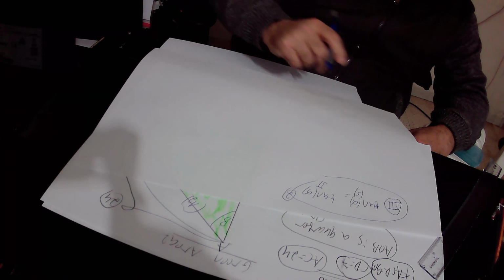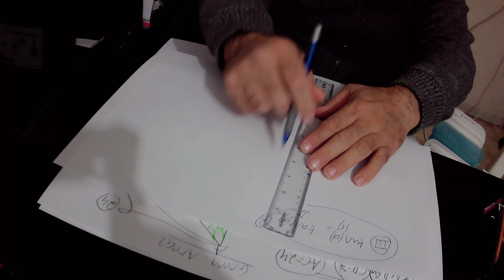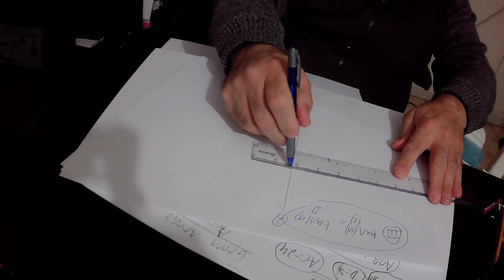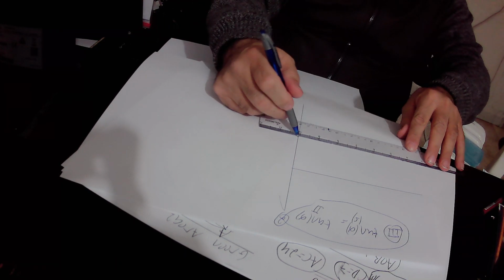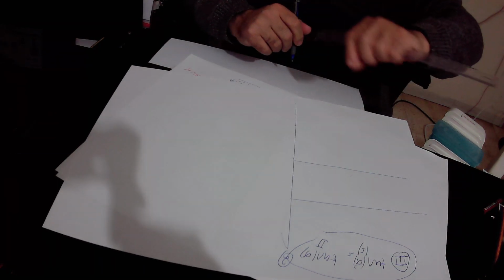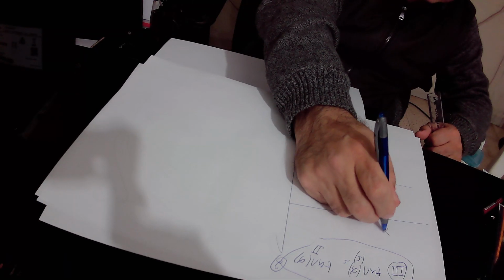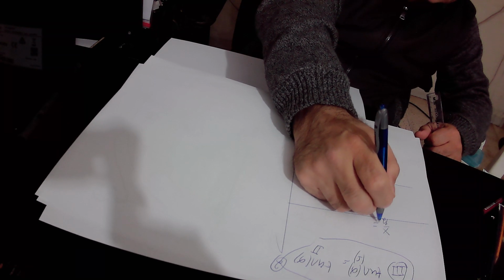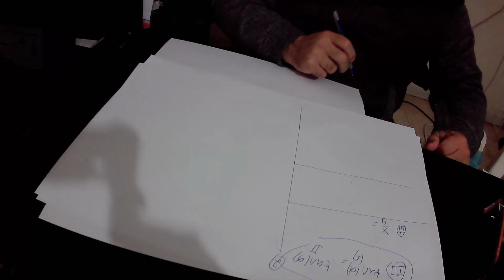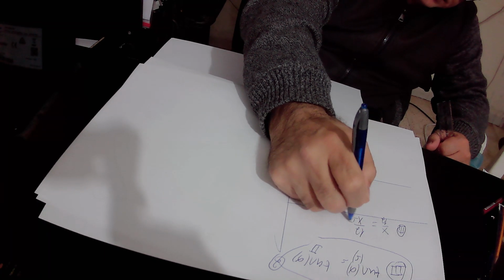So tangent alpha according to equation number 1 is x over 12, and it must be equal to tangent alpha according to equation number 2, which is 12 over x plus 7.